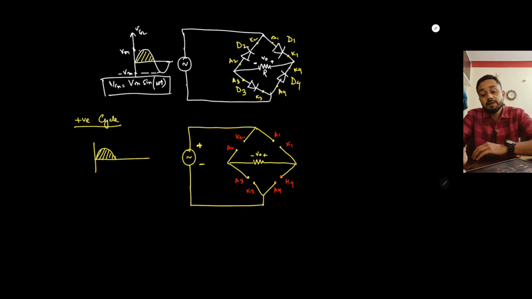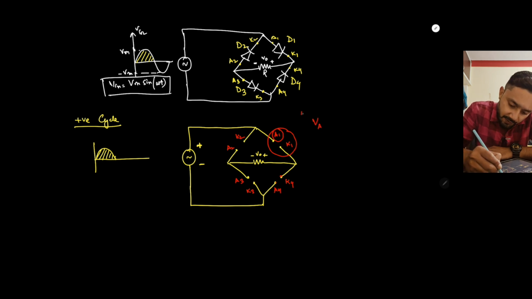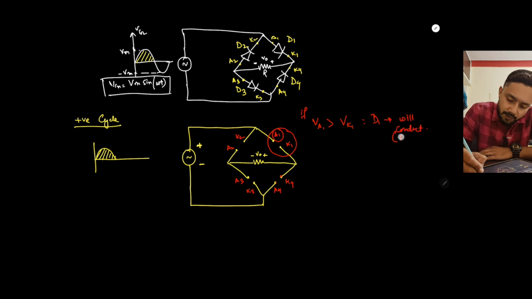Now we'll check individually. Let's check diode 1. Basically, we'll check whether the anode voltage is higher than the cathode voltage, or the cathode voltage is higher than the anode voltage. If the anode voltage is higher than the cathode voltage, then diode 1 will conduct, or it will be forward biased.